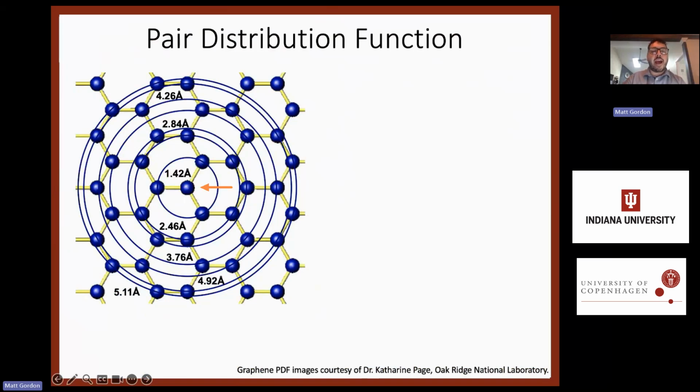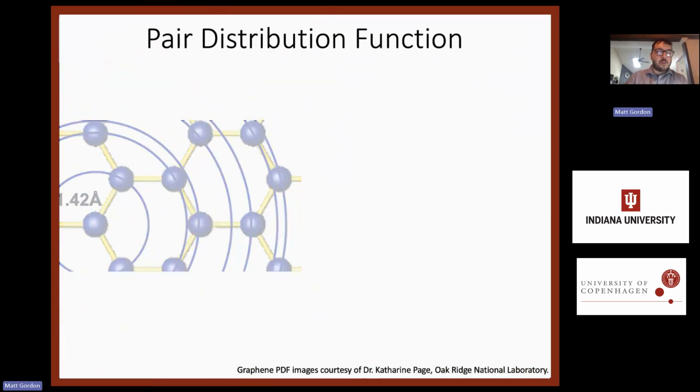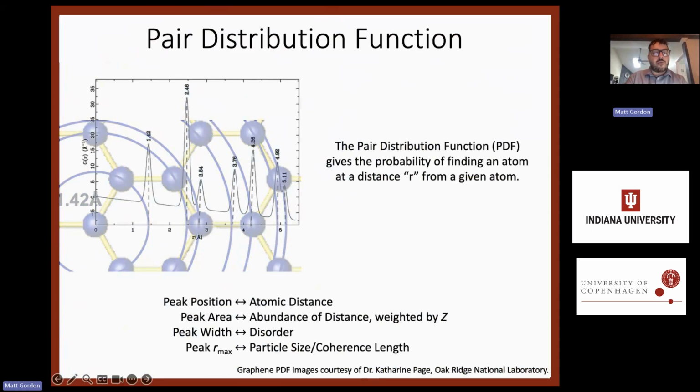You'll see that there are 3 atoms at 1.42 angstroms. You go another distance out, there are then 6 carbon atoms at 2.46 angstroms. And then as you build this out in radial distance, you can start to get a plot that gives you the probability of finding another atom at a distance r from a given atom.